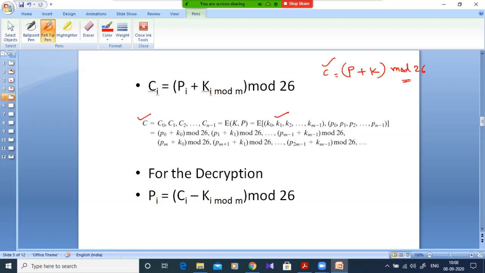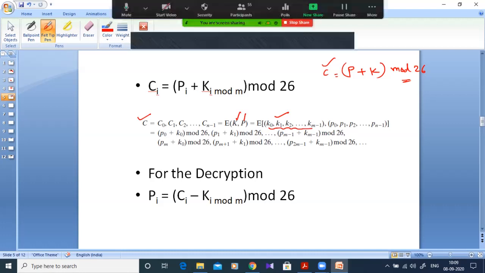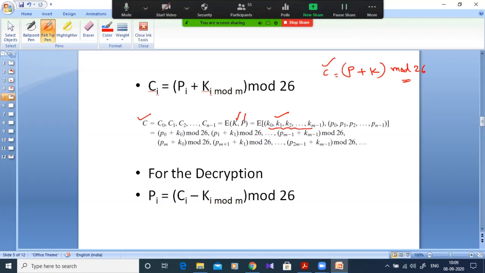So N is greater than M, or M is less than N. So this is (Pi plus Ki) modulo m. I'll tell you the reason why we are doing i modulo m. And finally, we have to perform the modulo operation for this letter. Similarly, for the decryption, the opposite operation, that also we know.